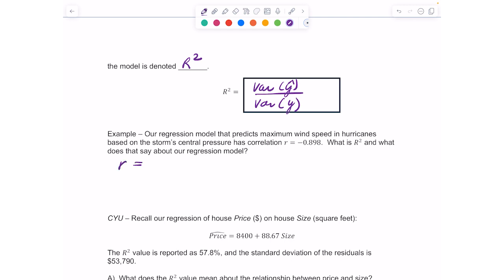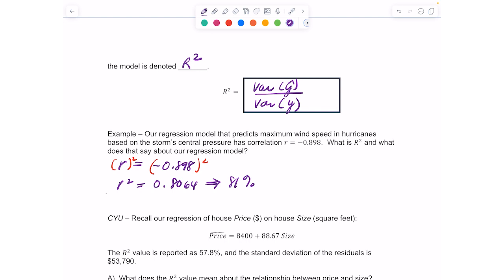If I know R is equal to negative 0.898 and I want R squared, I'm just going to square both sides. And when I square negative 0.898, I get 0.8064, which is about 81%.